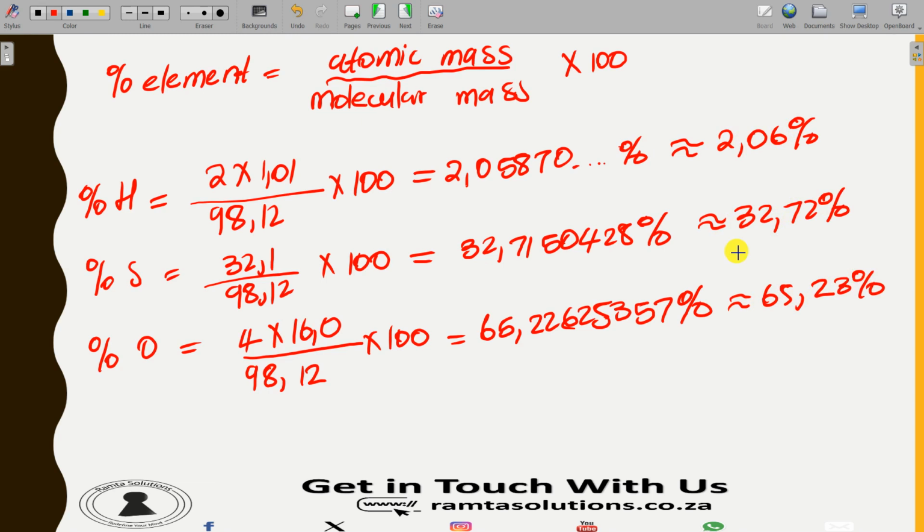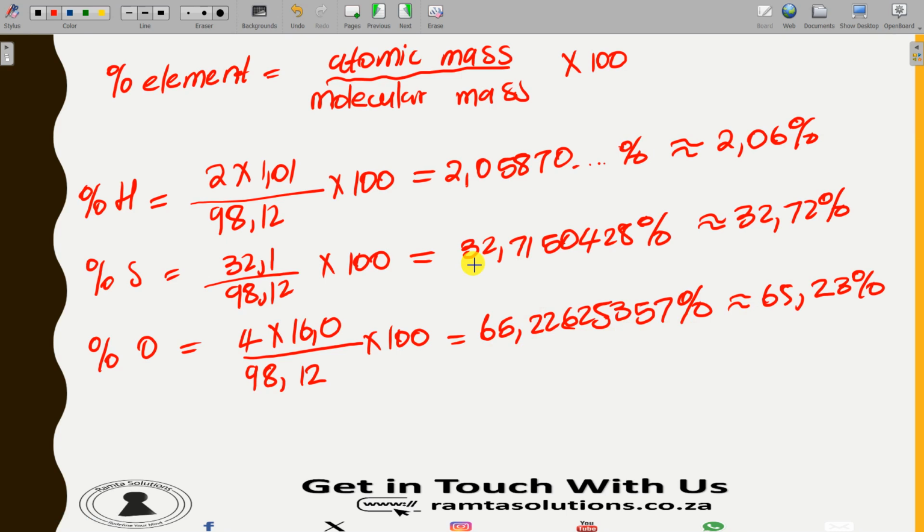So when you sum all these, they will be equivalent to 100%, all right? Let's try this. I'm going to take this number as it is, 65.22625357 plus 32.7150428 plus 2.05870.